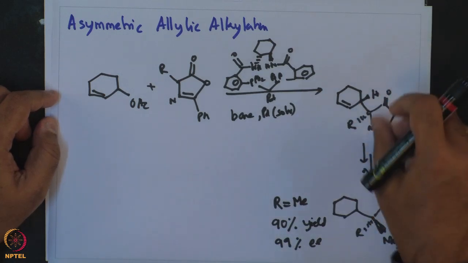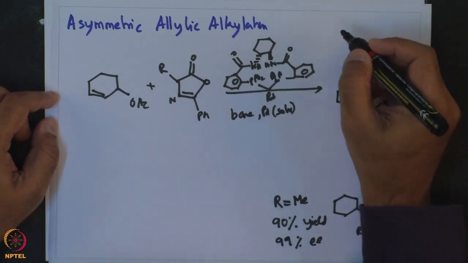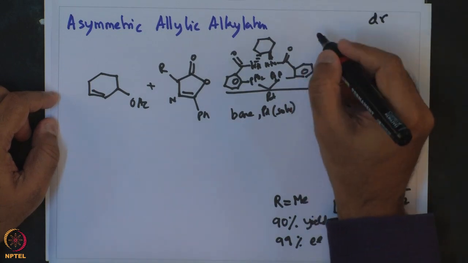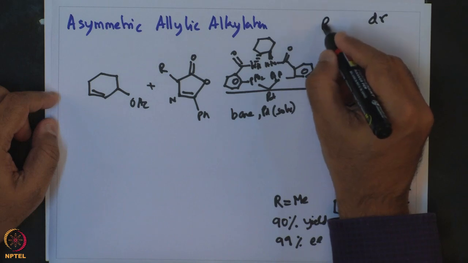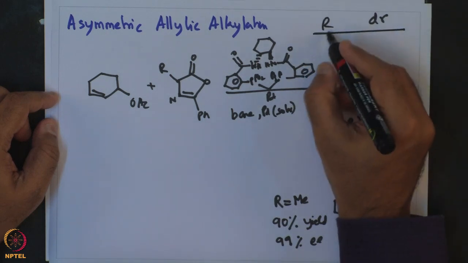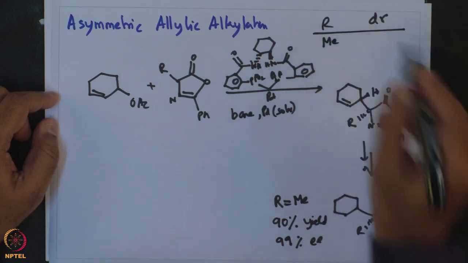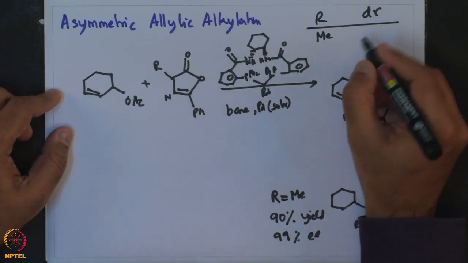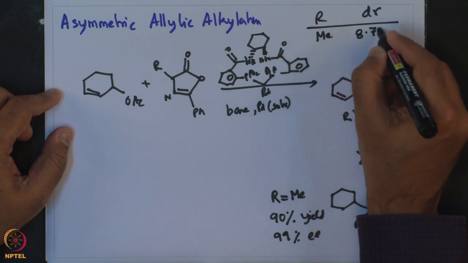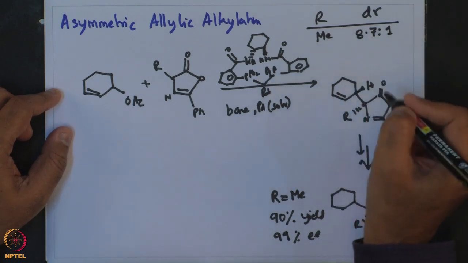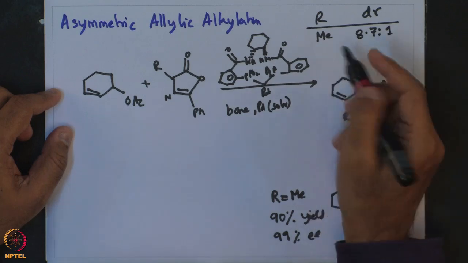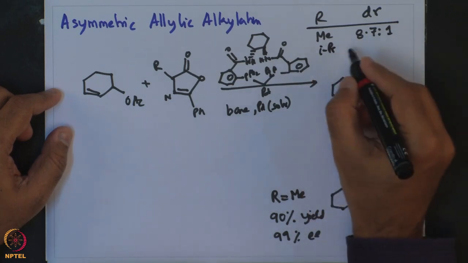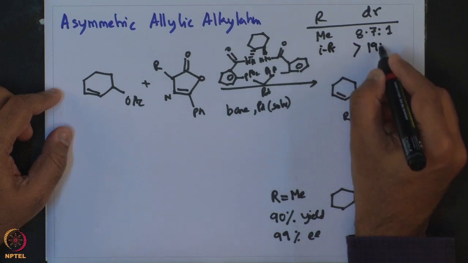So, this is a very useful method in generating this amino acid containing a cyclohexyl group. And before this final workup, the diastereomeric ratio that was observed for R equals methyl was 8.7 to 1 for these two chiral atoms, or when R becomes isopropyl, this even becomes 19 to 1.